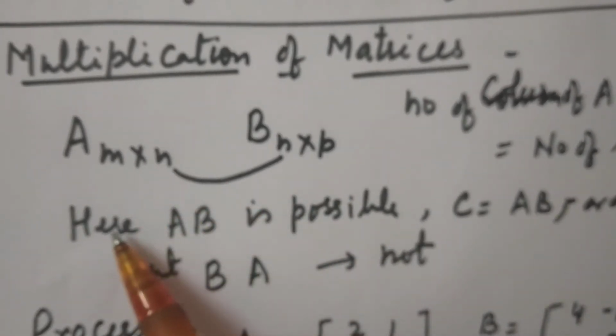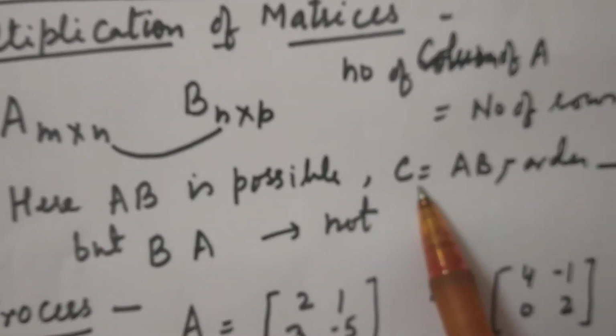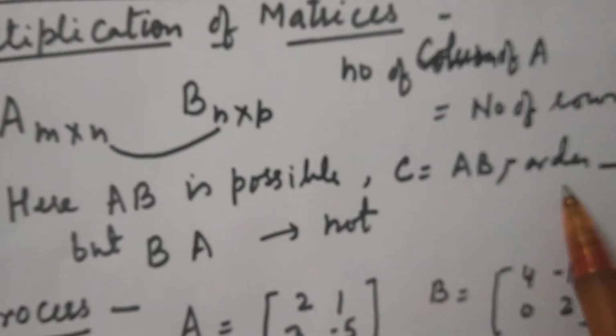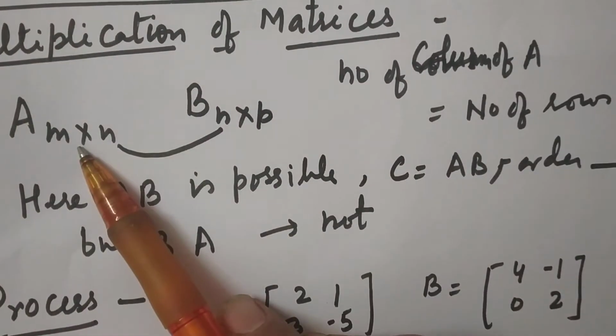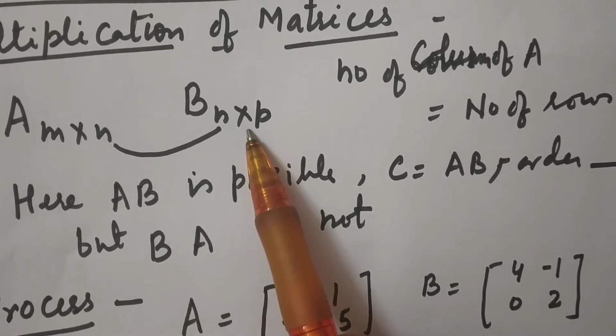So here AB is possible, a new matrix C will be formed, and its order will be m by p.